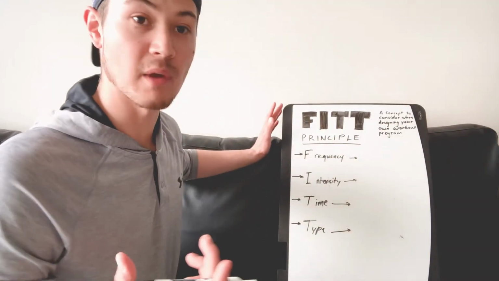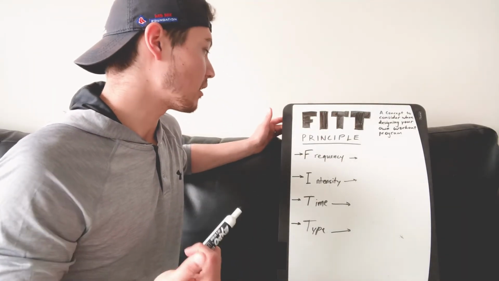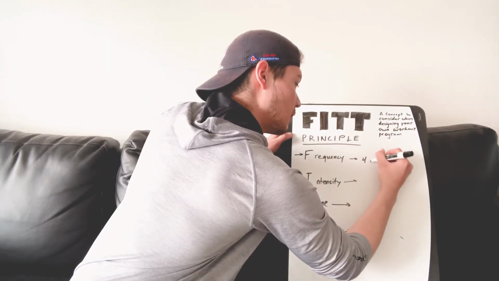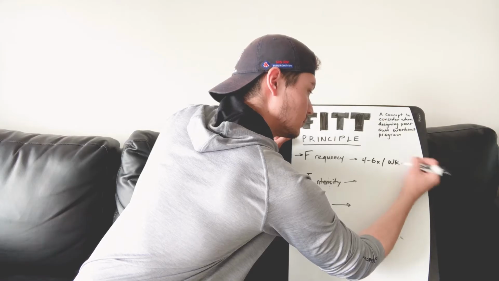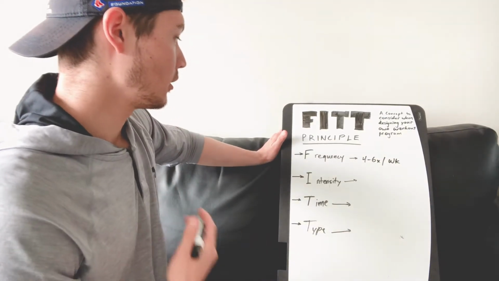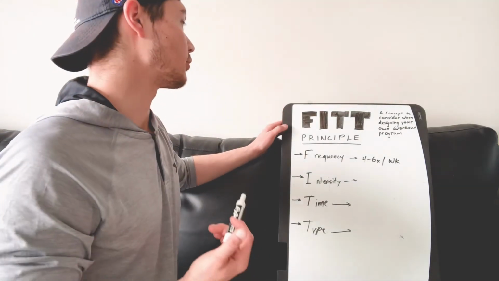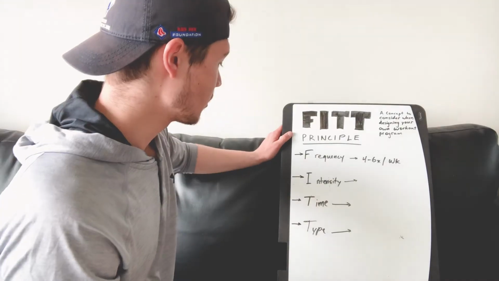You want big muscles. For a basic plan, the amount of times you would want to work out is anywhere between 4 to 6 times a week. So you want to train different muscle groups on different days. You never want to do the same muscle group on consecutive days.